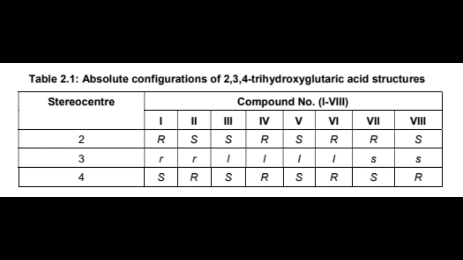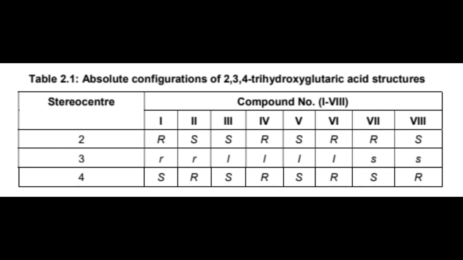Table 2.1 shows the absolute configuration at each stereocenter for each of the 8 structures. When an odd number of chiral centers is present in constitutionally symmetric molecules, the total number of stereoisomers possible is given by 2^(n-1). Such molecules produce chiral and meso-achiral stereoisomers.